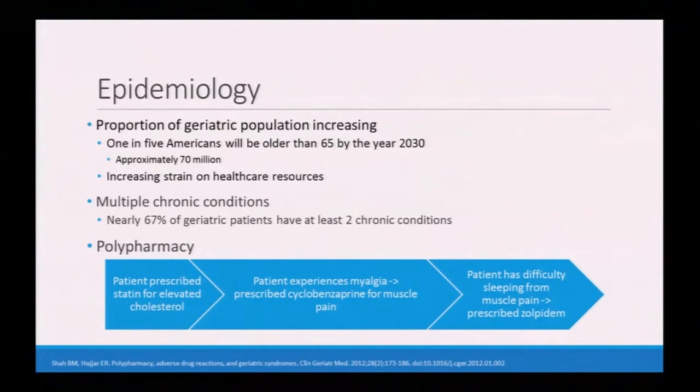And so as you can see, there's a cascade of where instead of maybe in the first place, the statin could have been changed from a more lipophilic to a more hydrophilic statin that has less side effects. More and more medications are added to cover side effects of the original medication, if that makes sense.